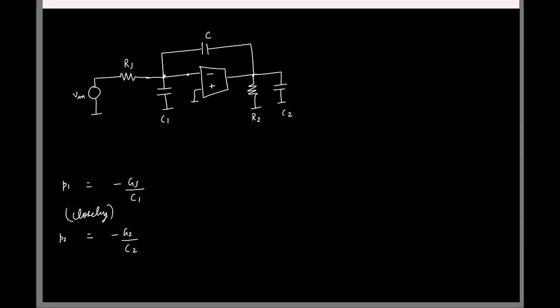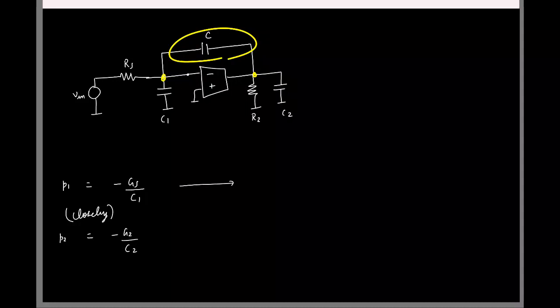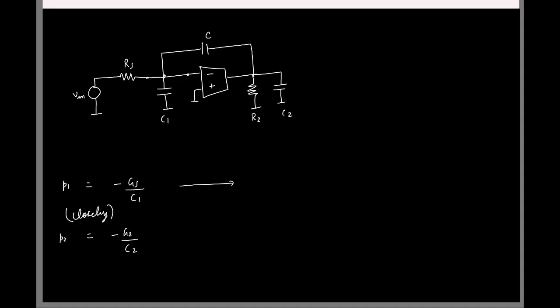And the moment we added the capacitor, what happened to the first pole? The moment you add the capacitor, you are introducing coupling between these two nodes, but we made an assumption that one of the poles is much farther apart than the other, so you could treat them as though they were uncoupled poles.